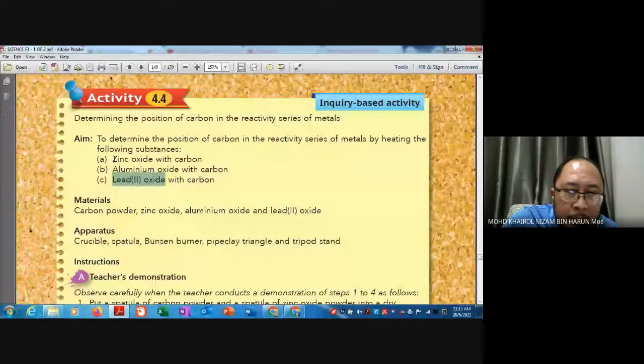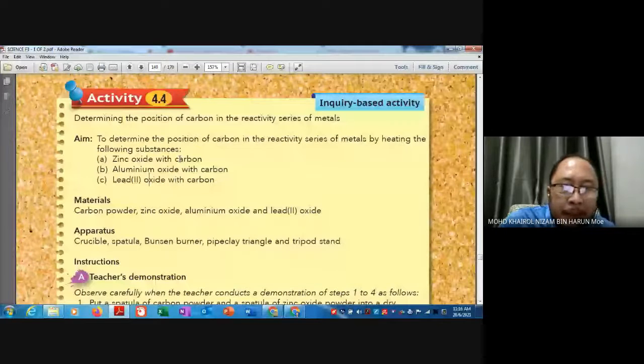Zinc oxide, aluminium oxide, and lead(II) oxide are metal compounds because one of the elements is a metal. We will react these metal compounds with carbon and observe what happens.